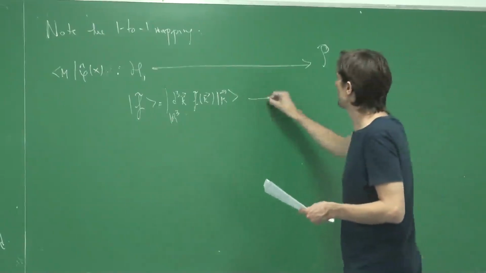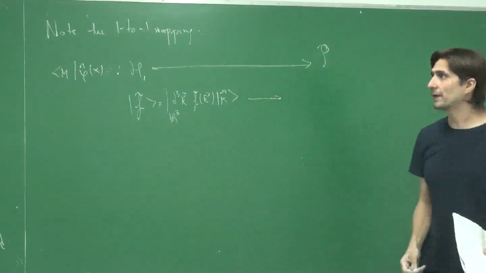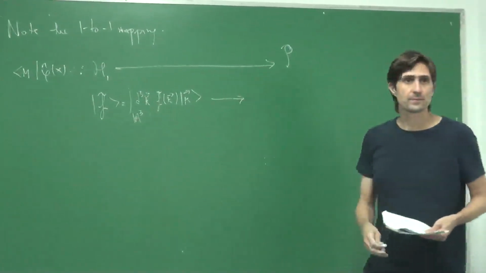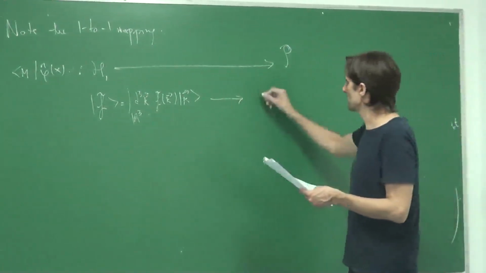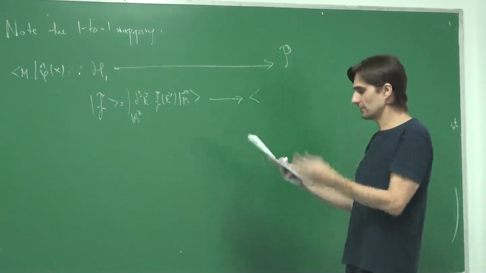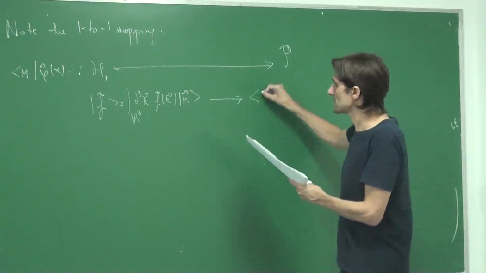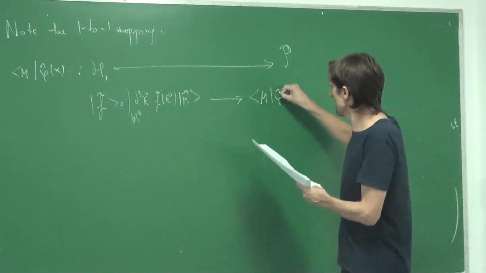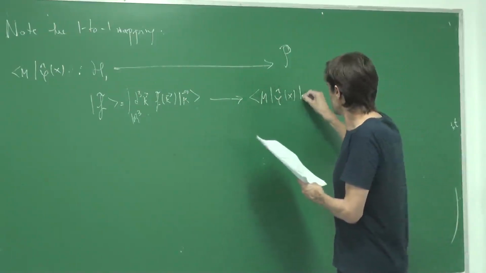So in what way? Well, in the obvious way of taking the expectation value. So this is M phi x F tilde.